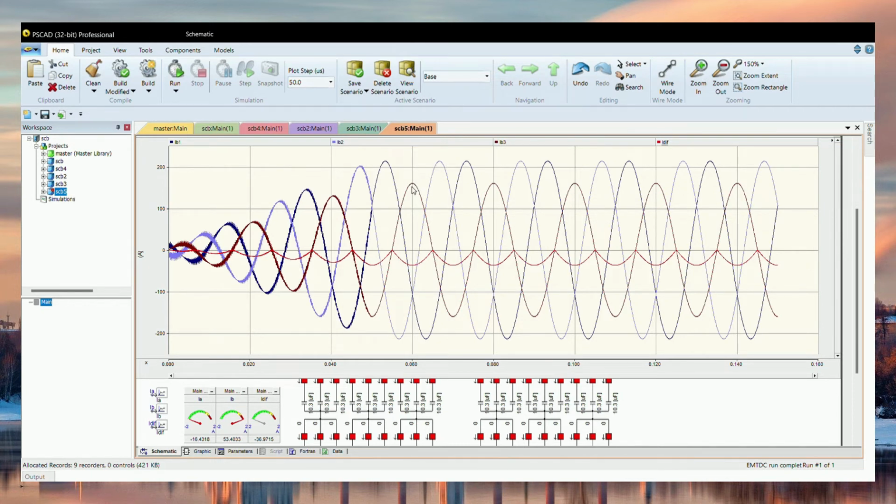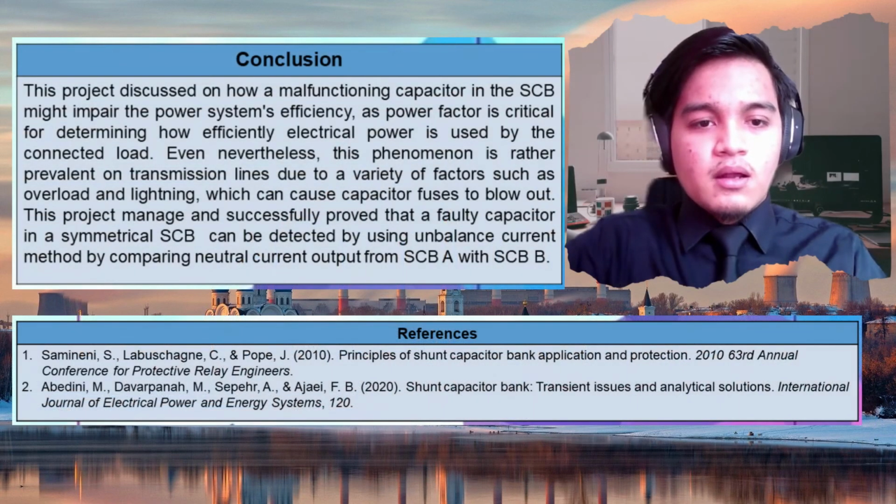The current peak is much lesser because that means this circuit has two or more faulty capacitors, and based on this figure 3, there are two faulty capacitors.